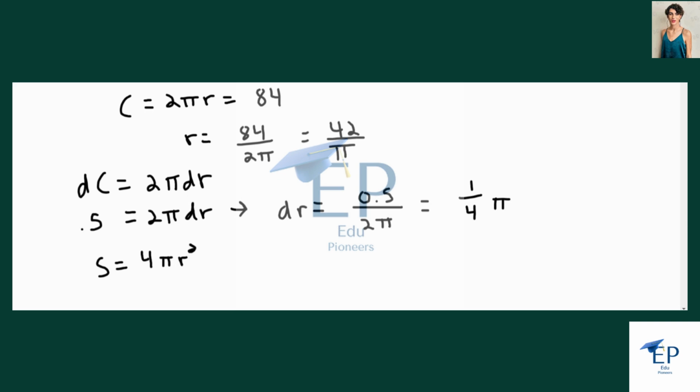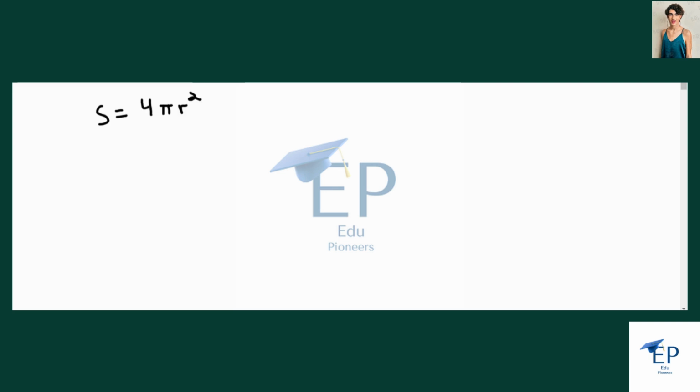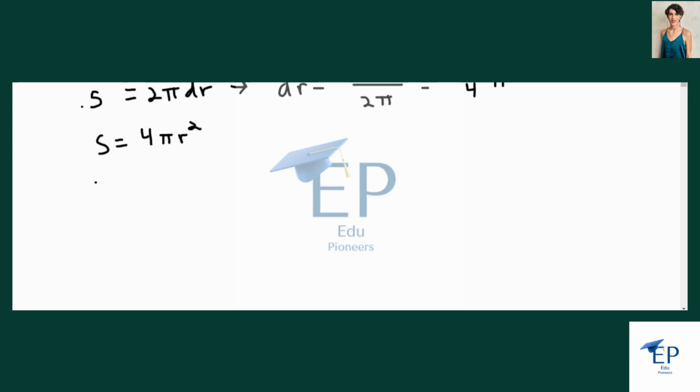If we did the same thing here, where we took the differential of the sphere, we can calculate the change in surface area of the sphere with respect to the change in radius. Okay, we have dS = 8 pi r dr.